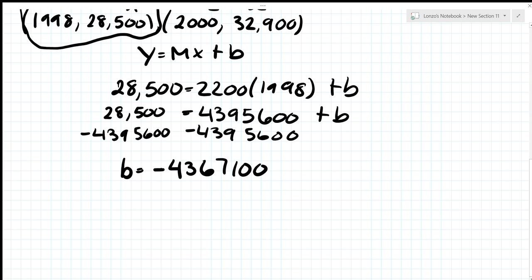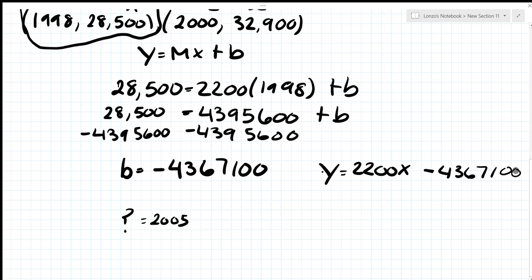So now the question says, what is the salary in 2005? We don't know, but we do know we have a linear equation. Our linear equation is y equals our slope, 2,200, times x plus b, which is negative 4,367,100.